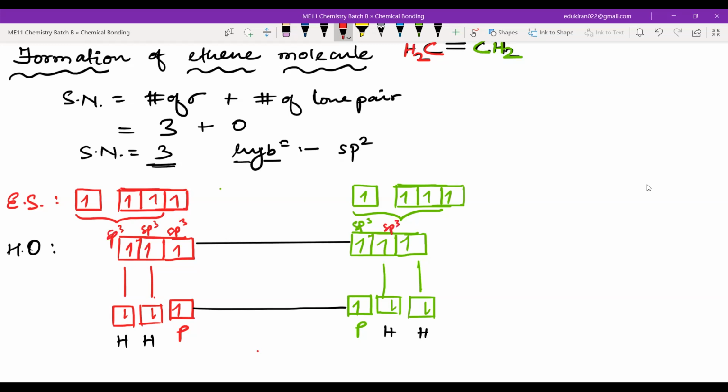There are 2 orbitals which are making bonds with hydrogens. Sorry, these are all sp2. Why did I write sp3? All these are sp2. So there are 3 sp2 orbitals, of which one is making a bond with another sp2. The rest 2 sp2 orbitals make bonds with hydrogens, and then there is bonding between the pure p orbitals.